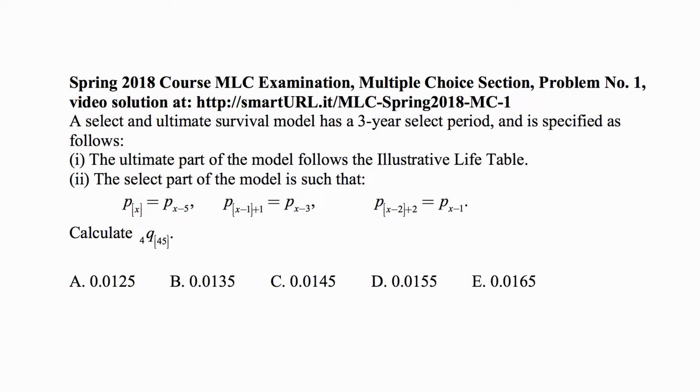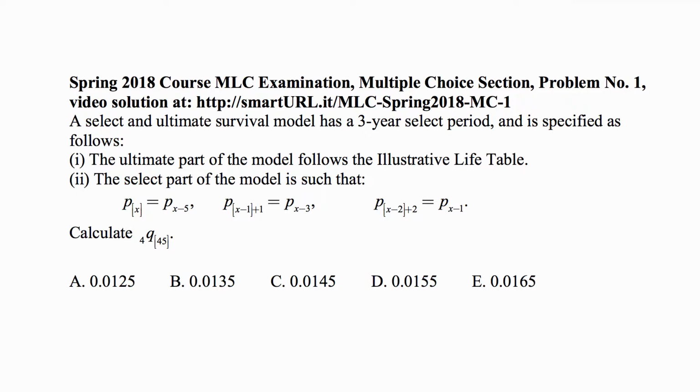So here's problem number 1 from the multiple choice section of the spring 2008 exam MLC that was given at the end of April this year. A select and ultimate survival model has a 3-year select period and is specified as follows. The ultimate part of the model follows the illustrative life table, which is given on the exam, and the select part of the model is such that probability of survival at age x of the select population is the same as the table probability of survival at age x minus 5.